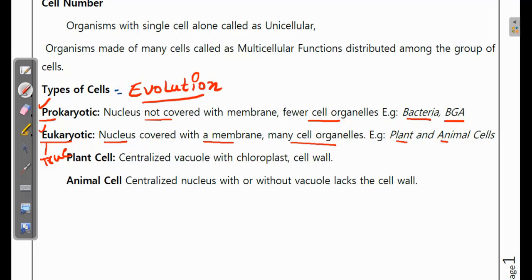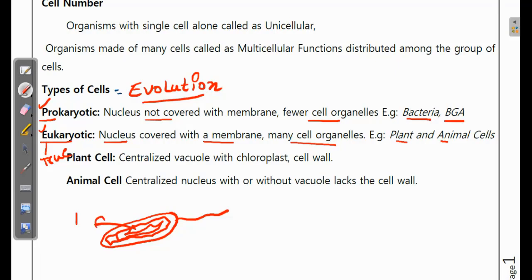Whenever you call something prokaryotic, you can see it will have a lot of cilia around. For example, in bacteria, the nuclear material, the genetic material, will be dispersed like noodles.